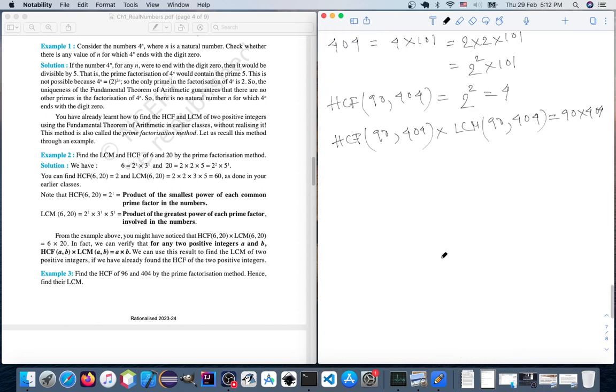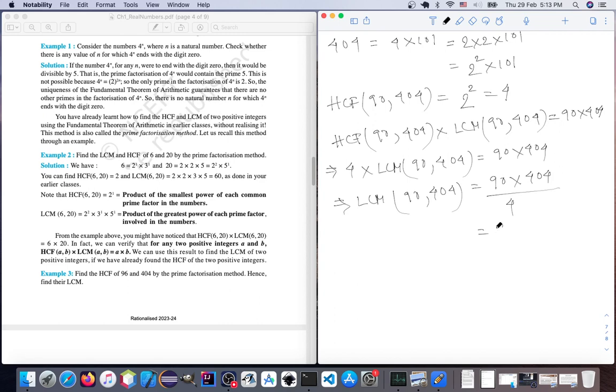Now, HCF is 4, so 4 into LCM of 96 and 404 equals 96 into 404. This means LCM of 96 and 404 equals, we divide the right hand side by 4, and we get 96 into 101.